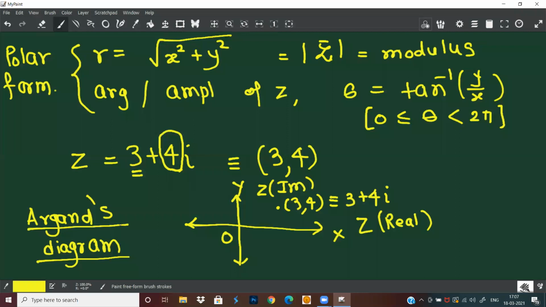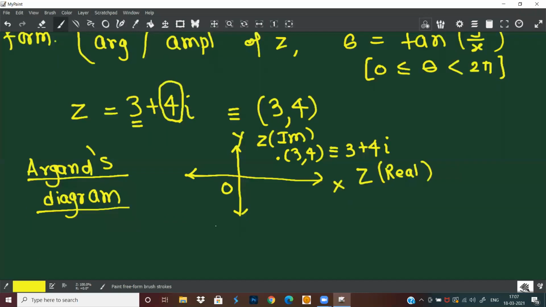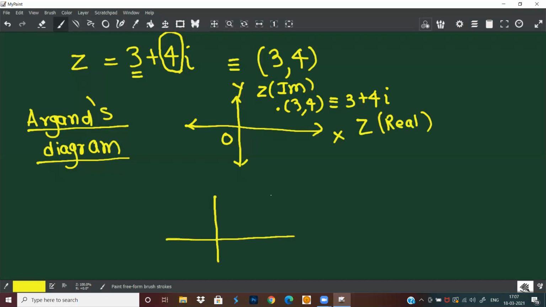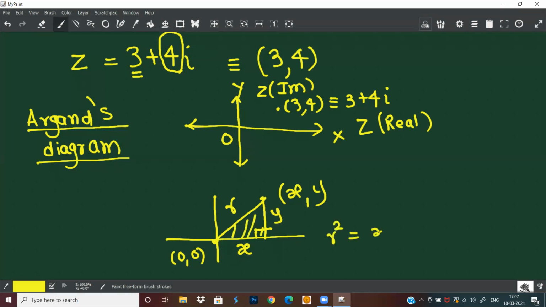Now the second part, I will show you. See, if this is my x, y, this is my origin, this is my x, this is my y, this is my r. By Pythagoras, what will r square be? x square plus y square.